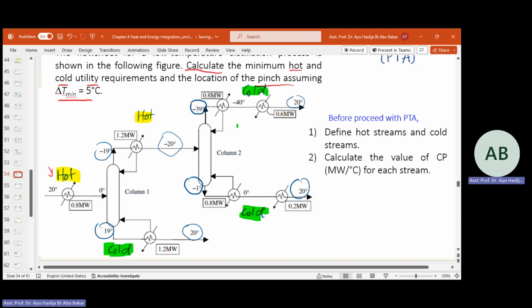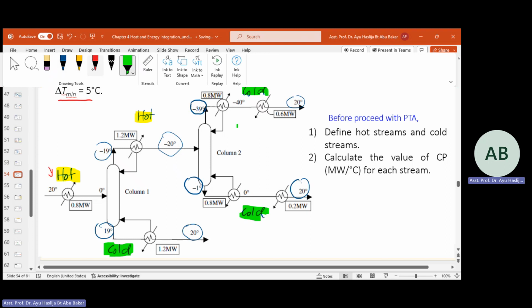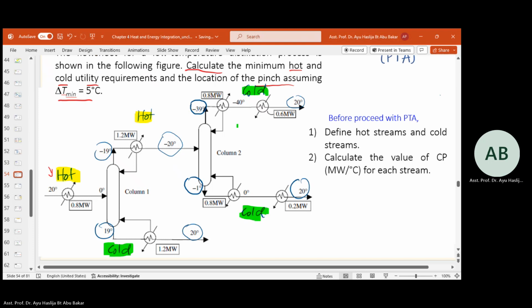Okay. Now, how many streams in total do you need for the heat integration? 7.